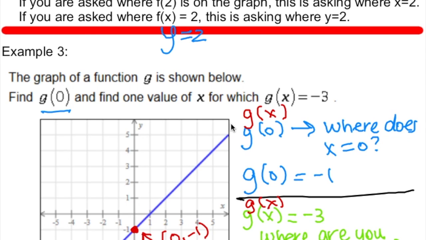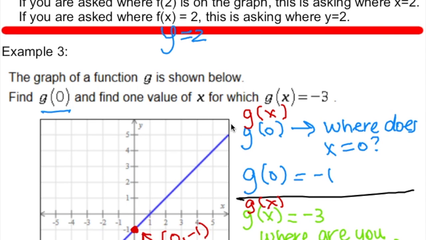So we graph from the origin. The problem here is that we don't know what our x value is. So we don't know how far we moved left or right, but we do know that our y value is -3. And for a y value of -3, we would move down the y-axis 3 units.